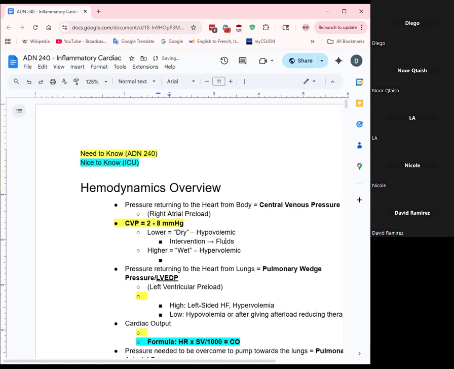In this case, because it is essentially the buildup of pressure coming from the body to the heart, it is essentially how much fluid you have to work with. So sometimes that means it's low fluid, sometimes that can mean it's just that fluid is in the wrong space, like third spacing.